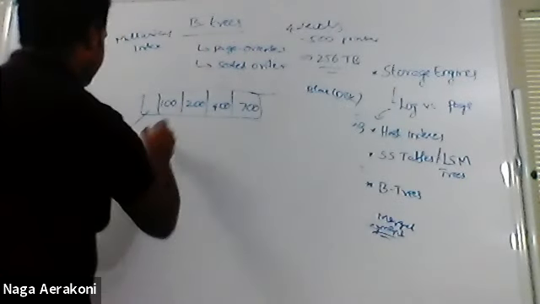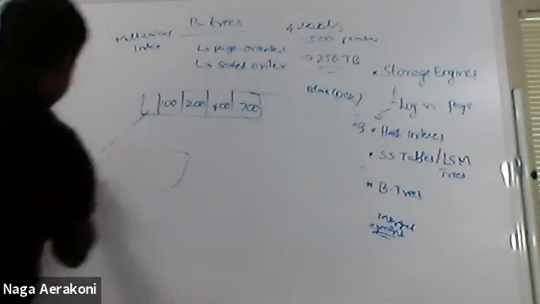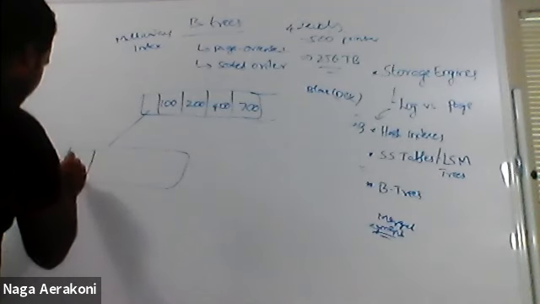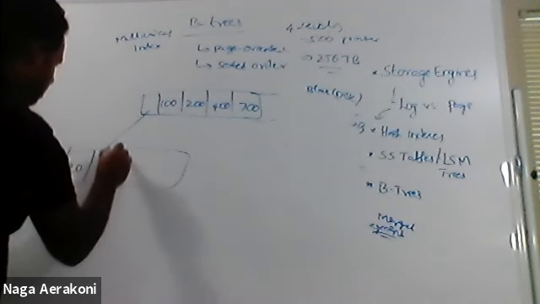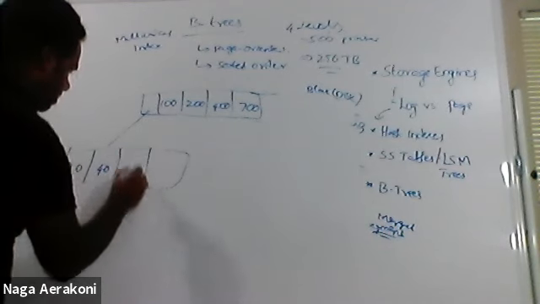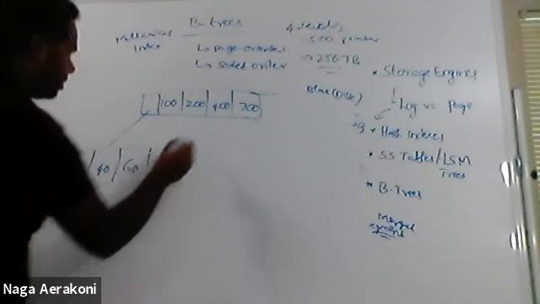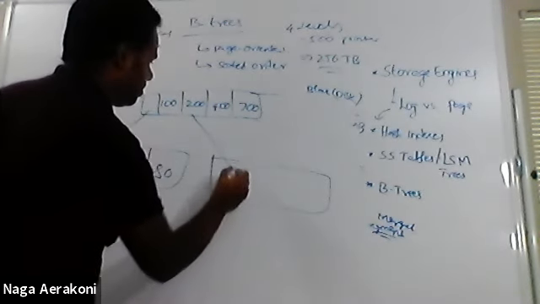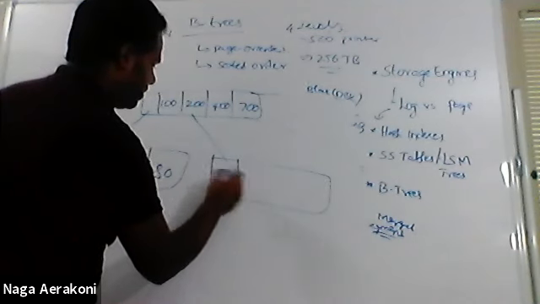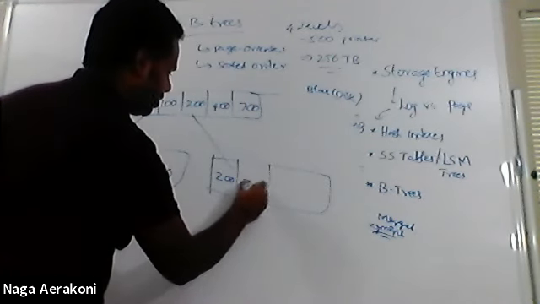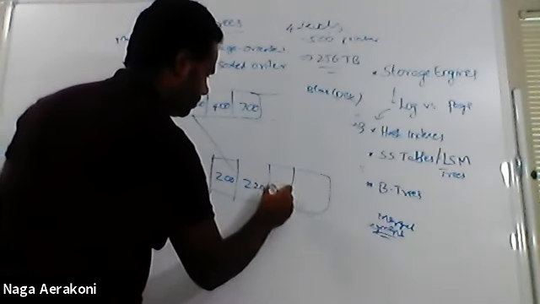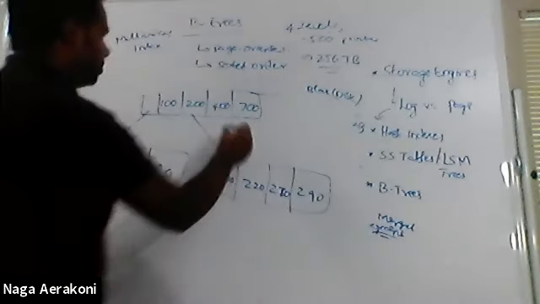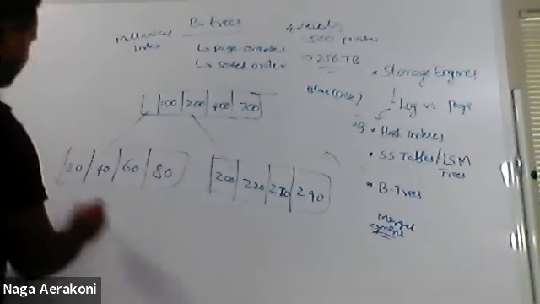So let's say this 100, which is pointing up here, it can actually store the indexes for, say, 20, 40, then 60, and then 80, and then this 200 can actually store 200, 220, 270 or 290. So each of these can have a pointer to each of these.